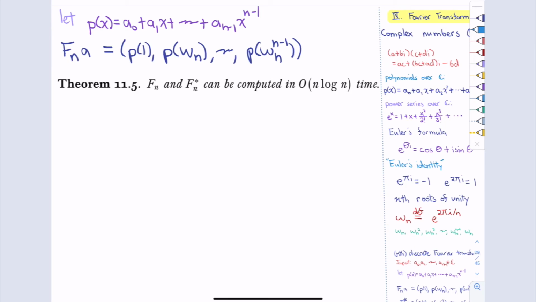So you give me as input the coefficients of a polynomial, and I just want to evaluate the polynomial at these n specific values called the nth roots of unity. If I do that, then you can do clever things like multiplying polynomials. Let me make sure I don't goof this up.